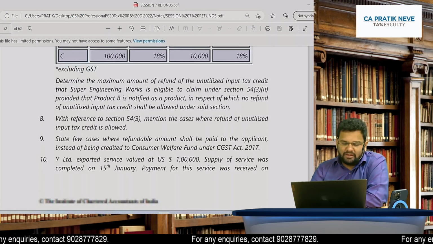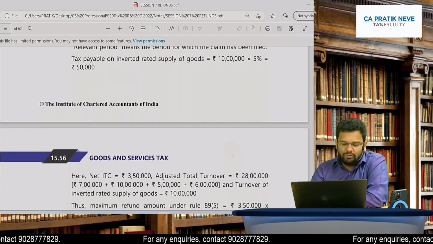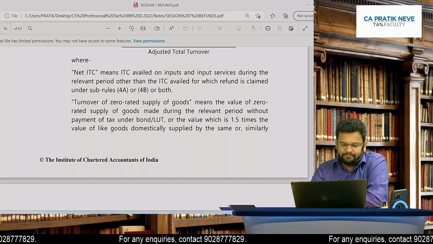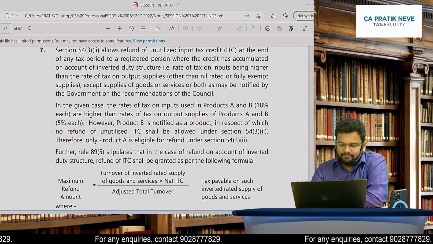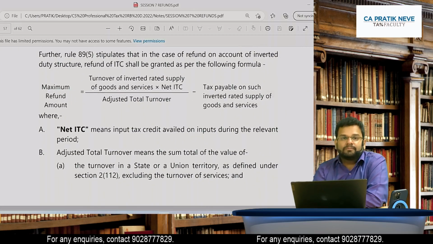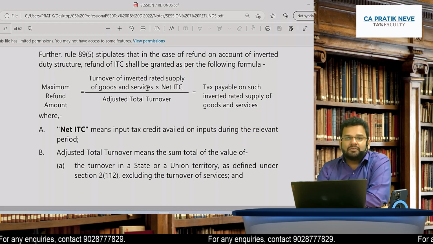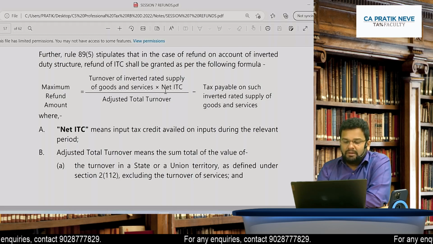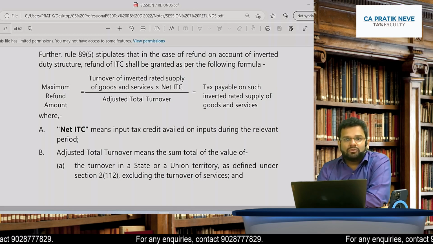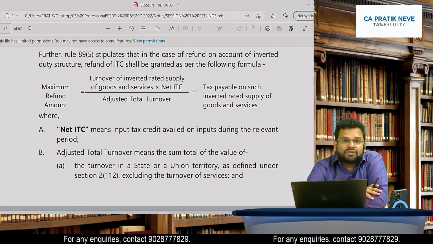I would request you to go to answer of 7 and read the formula. So maximum refund amount is equal to turnover of inverted rated supply of goods and services multiplied by net ITC upon adjusted total turnover, minus tax payable on such inverted rated supply of goods and services.